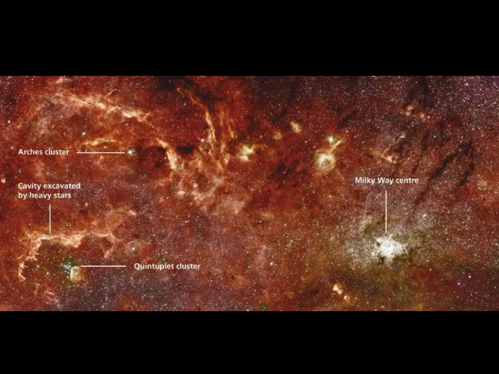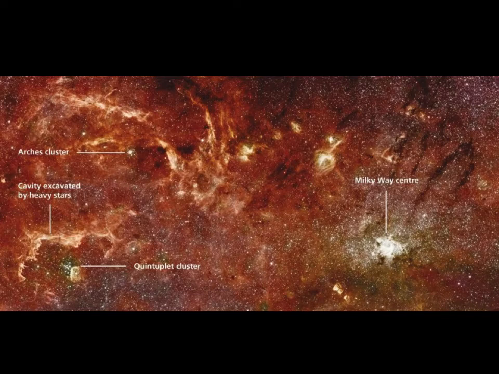So what's unique about this image is that in March of 2015, they released this image, and we've detected about 20 rotating dust and gas disks in each of these clusters that host exceptionally large and hot stars.